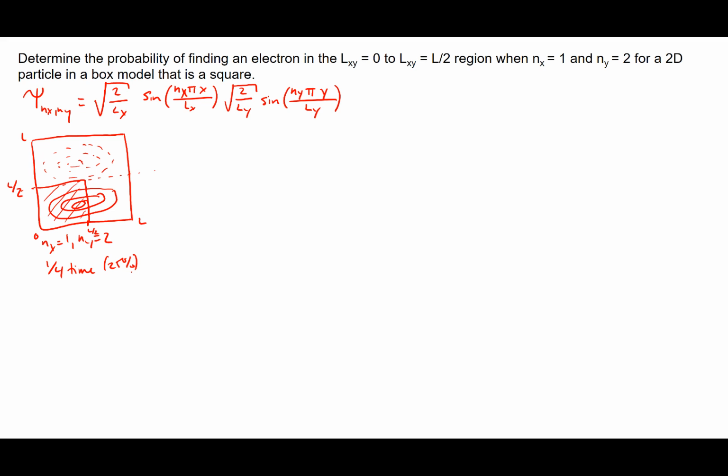Now, we can also apply calculus. We can integrate the probability of finding the electron. The probability is simply found by squaring the wave function. So if we square psi of nx, ny, what we get is 2 over Lx times the sine squared of nx pi x over Lx, times 2 over Ly times the sine squared of ny pi y over Ly.